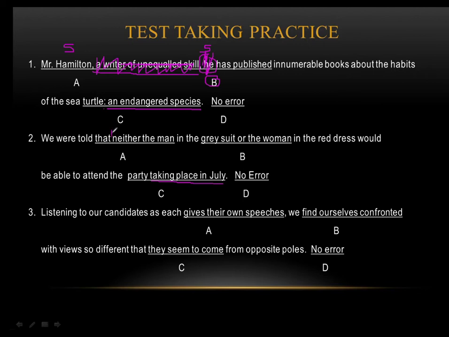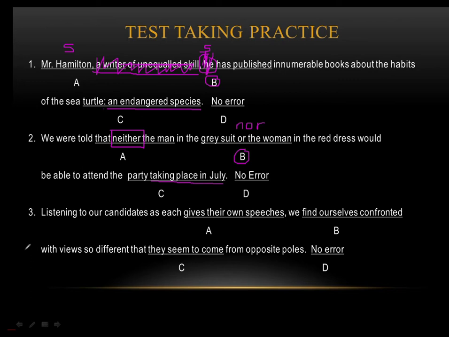Look at this. Neither goes with nor. It does not go with or. So the conjunction is neither nor and then either or. You'll have to watch for this. They're very tricky on the test and they will do this to you. Put neither paired with or. That's not right. It has to be neither goes with nor. All right, so we have another B there.